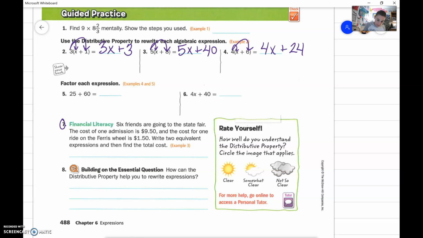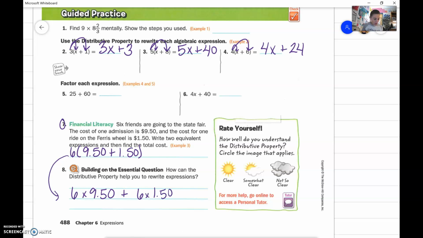So we're going to take 6 friends, and it's going to cost $9.50 plus for them to get in, and then $1.50 for the Ferris wheel. Now, if we were to break that down, I kind of don't have a lot of room, so we're going to kind of build it down here. So we're going to do 6 times $9.50 plus 6 times $1.50.